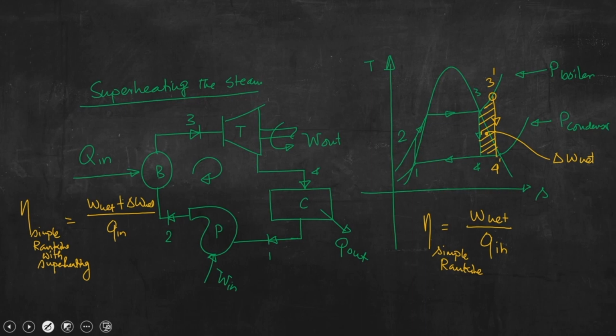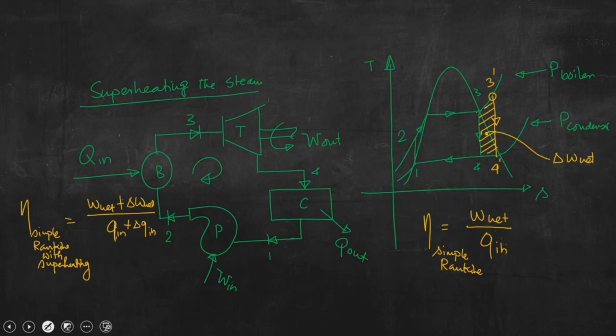You can easily see that if we allow steam to be superheated from point 3 to 3 prime, we also need to supply an additional amount of heat required for superheating this steam. So, here we can write delta Q in. All these are specific quantities.